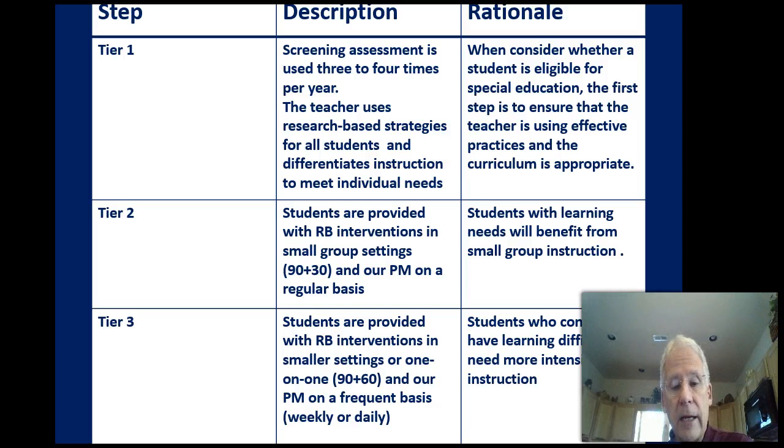We might have to do away with social studies or science, but we're going to figure out a way to get him the additional help that he needs. And the groups will either be smaller, or a good chance at Tier 3 they're going to be one-on-one. And then progress monitoring could be weekly, or it could be daily. So a lot of intense intervention there at Tier 3.